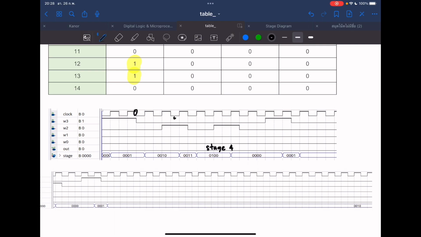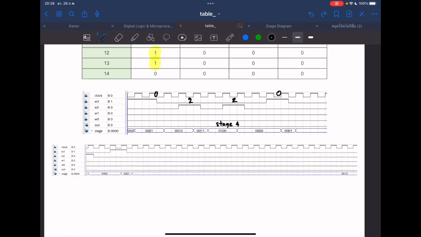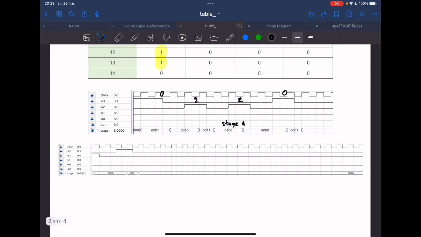This 0 to, and then we press 2 again. It's the wrong number and let's go back to stage 0. And then we press 0 again. Then it starts to be stage 1. This one, stage 1. And it waits for us at stage 2.